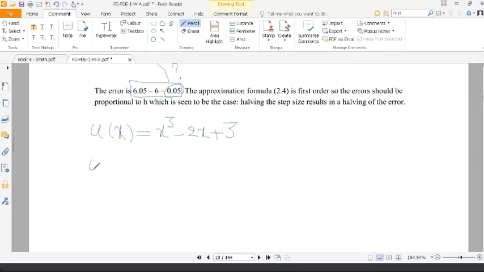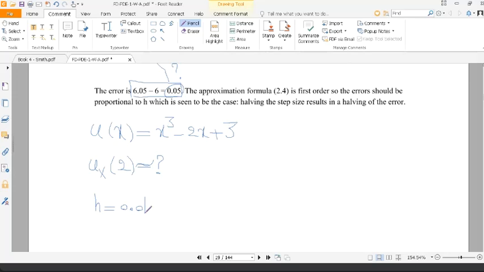Please approximate the first derivative of u with respect to x at 2. Approximate this by using the forward finite difference. What is the approximate solution of u_x at 2 by using a first-order forward approximation? Please put h equal to 0.01.